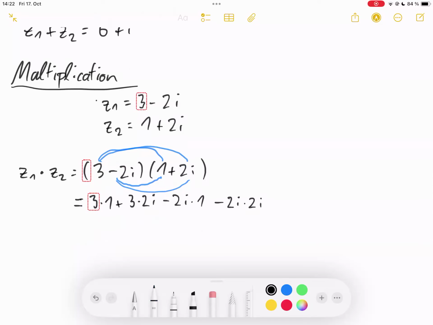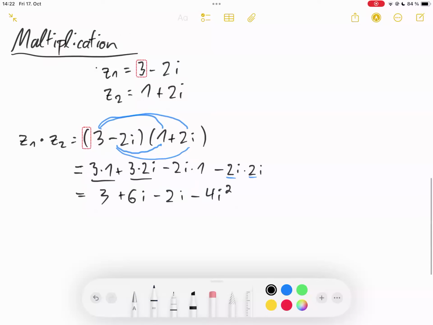We can try to solve this now. So this is 3, this is plus 6i, minus 2i, and then we have a 2 times 2, which is 4, so minus 4i squared. And this we can simplify further. So it's 6i minus 2i, so 3 plus 4i.